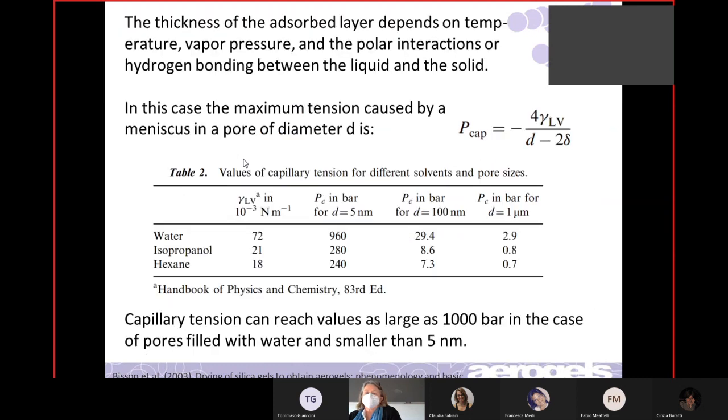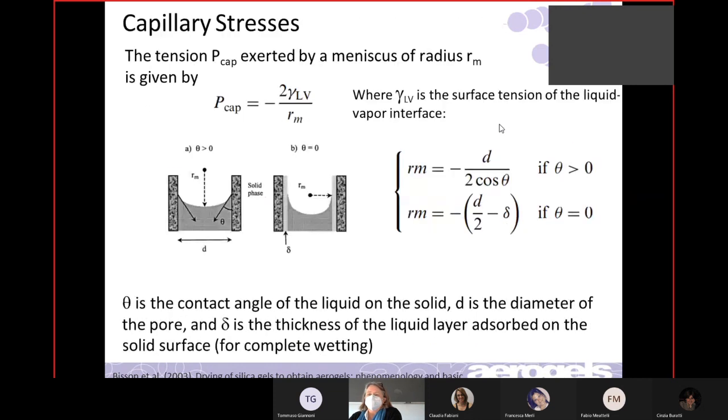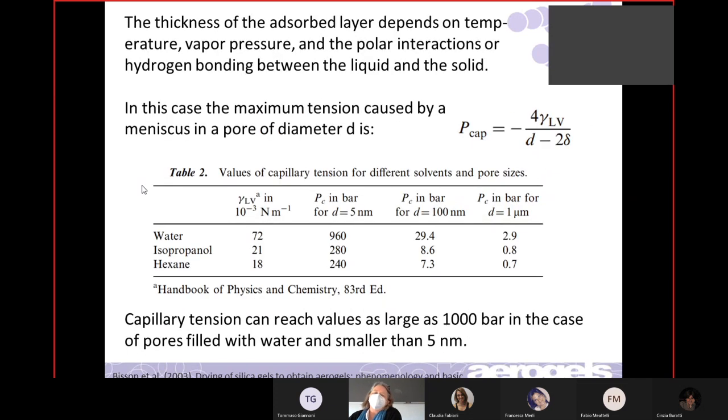So the thickness, that delta, depends on a lot of things. Temperature, vapor pressure, hydrogen bonding between the liquid and the solid, many things. But you can have a maximum pressure given here by this equation, and that's when you're at this case. And so you can calculate some different values of that force, in this case in terms of pressure, for different diameters and for different sorts of solvents.